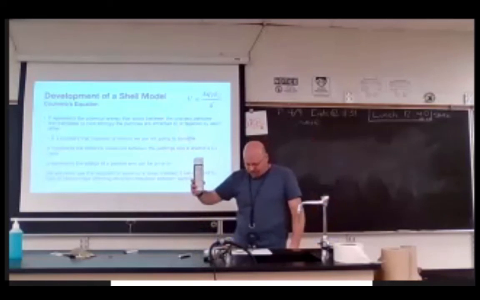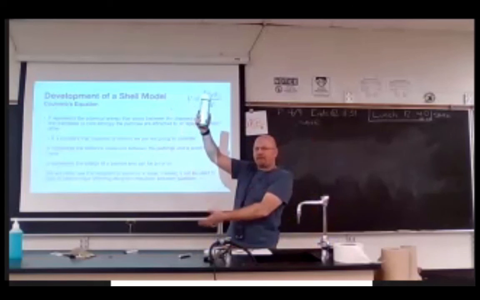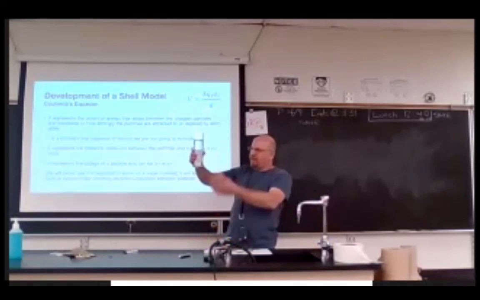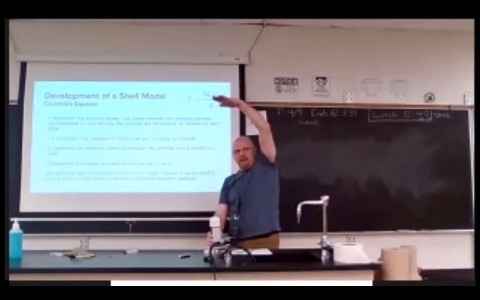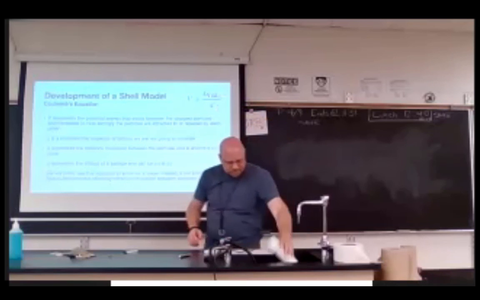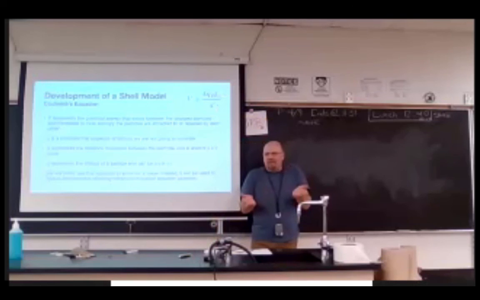If I have the ground as 0 and I hold it here, this means I have this much potential energy above the ground. If I dig a hole and here's the ground and it's down here, then that much potential energy below the level of the ground. Okay? So this is how we use our negative numbers. They're compared to a reference point.